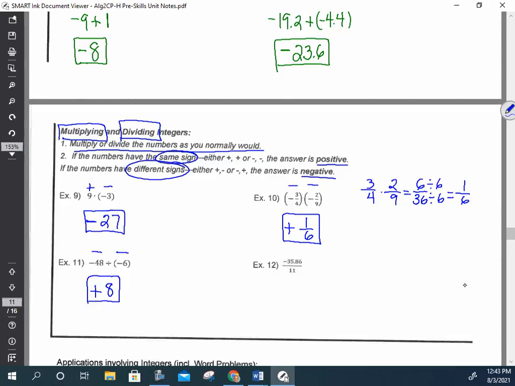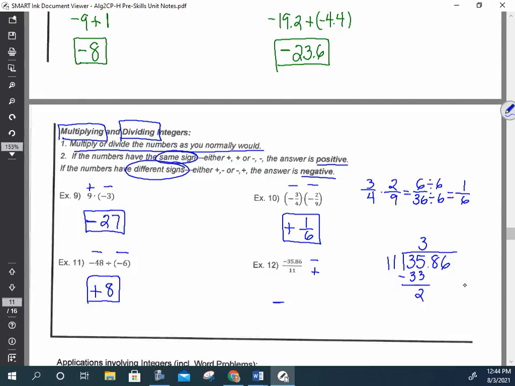And lastly, negative 35.86 divided by 11. So you have a negative divided by a positive, which means your answer is going to be negative. Now you're simply dividing out the numbers. 11 can't go into 3. 11 goes into 35 3 times.